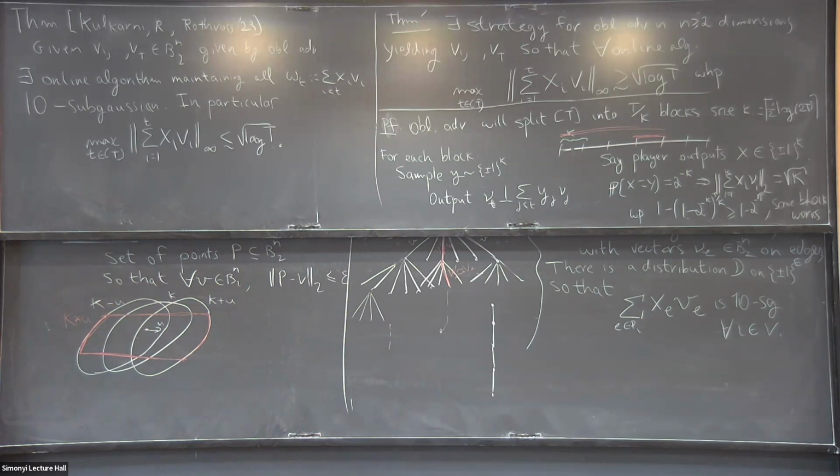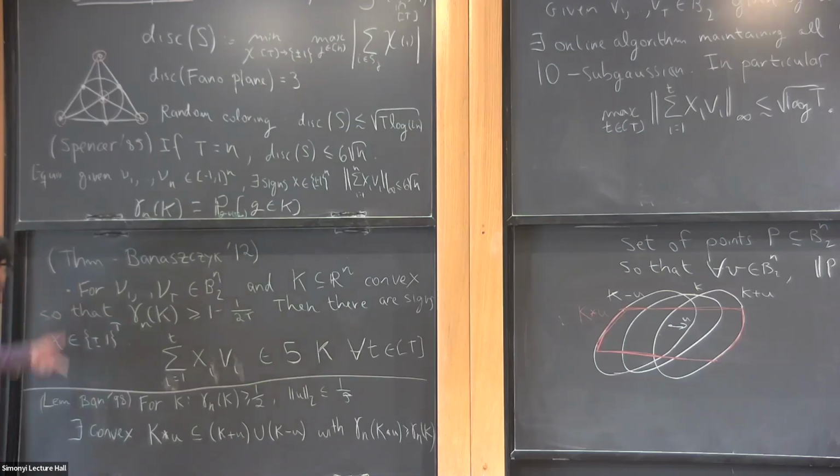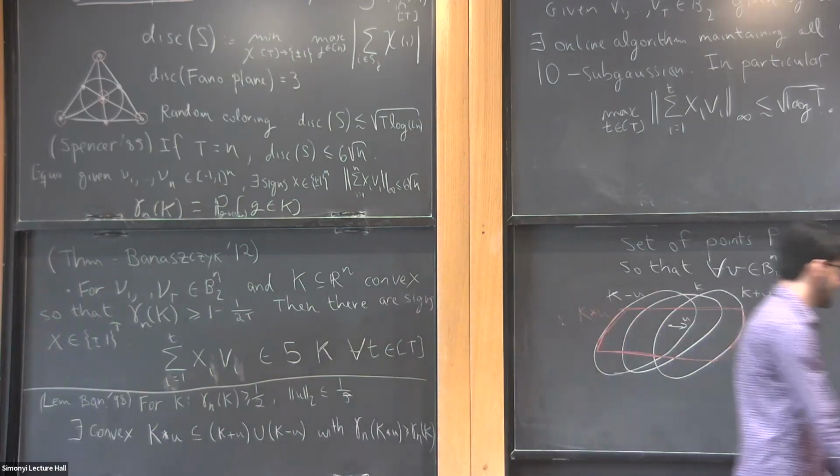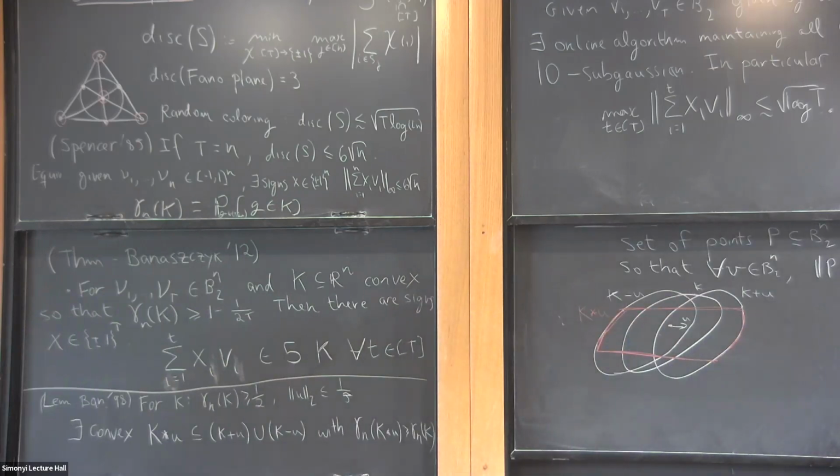So this lemma is actually quite non-trivial to prove. There's a lot of convex geometry, so I won't do that here. I want to explain how this theorem follows from this lemma.